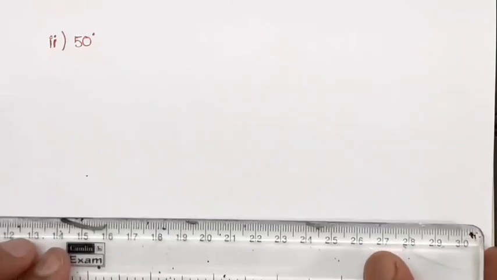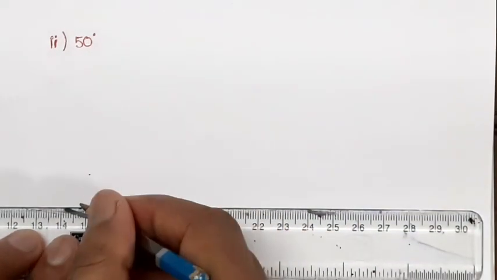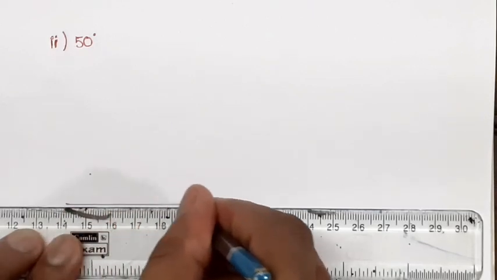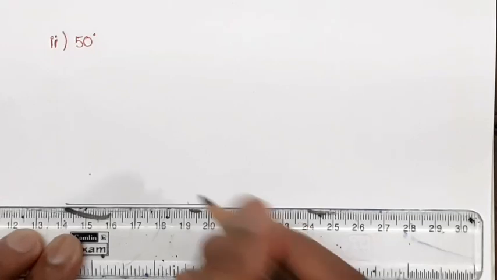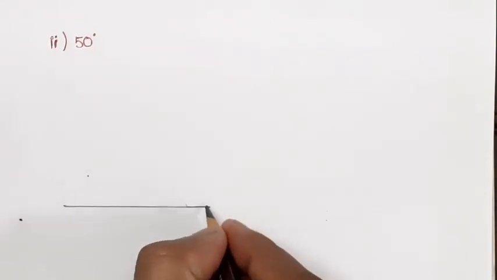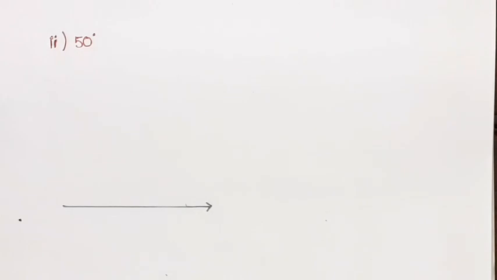Same procedure. First, as usual, we'll draw a ray of any length like this. We don't worry about the length of this ray, and as one end will be fixed, the other one we will show as an arrow like this.